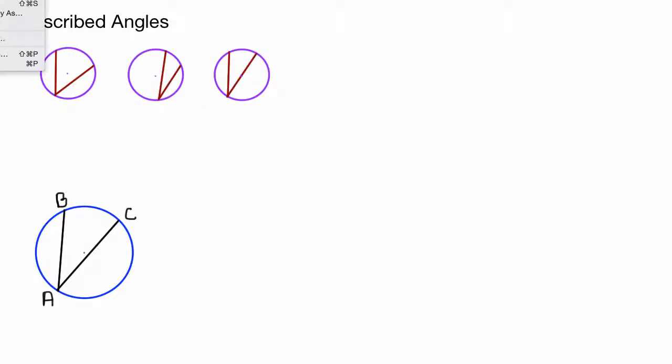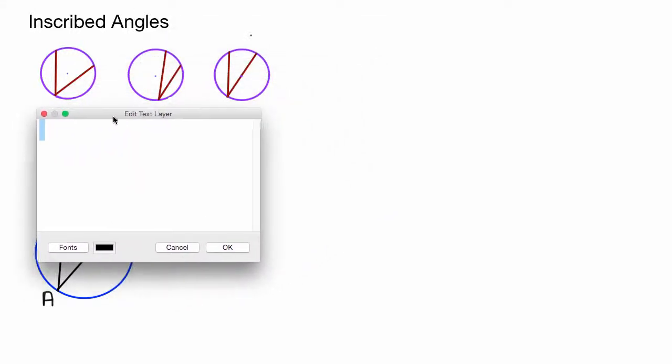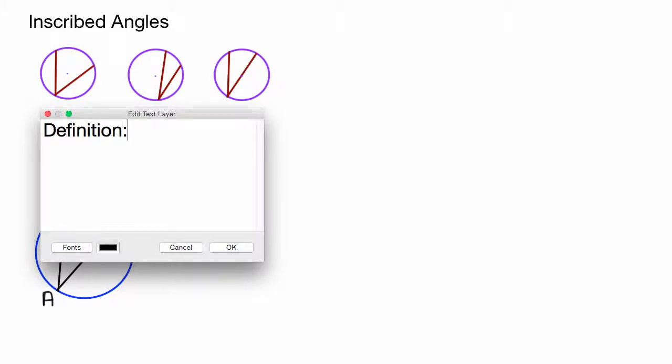So let me try to write a definition here. Okay. So, again, let's look at what we've got here. So we'll call this the definition of an inscribed angle.